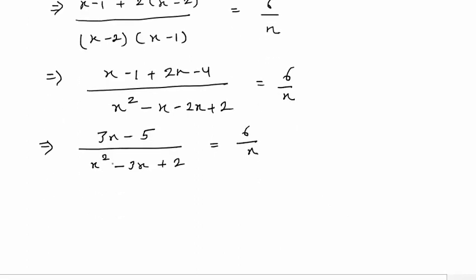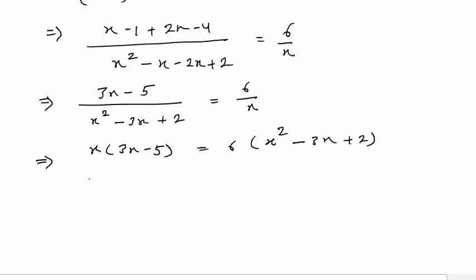I multiply this x on this side, so it will give me x times 3x minus 5 equal to 6 times x square minus 3x plus 2. Further simplification will give me 3x square minus 5x equal to 6x square minus 18x plus 12.